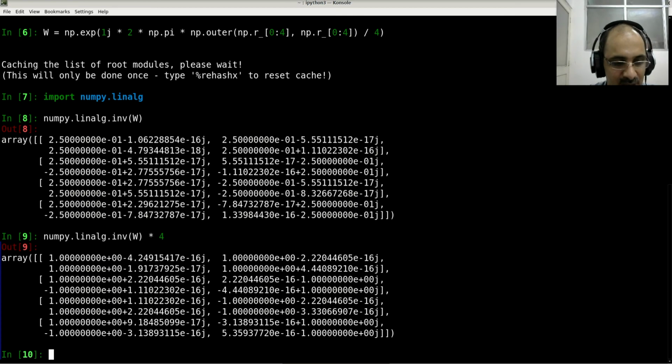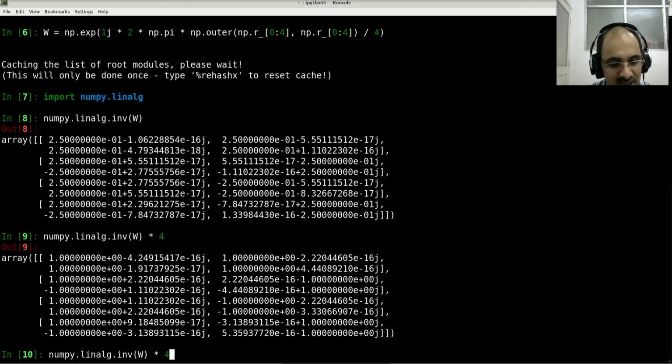So what happens is that you get 1, 1, 1, 1, 1 minus j minus 1 j and things like that. So if you invert this matrix and multiply it by 4, of course, you then get a very similar looking matrix back. But this matrix has a slight issue. This matrix is actually going to be the Hermitian of the original matrix. The reason is because when you have an orthogonal matrix, its inverse is actually its transpose conjugate.